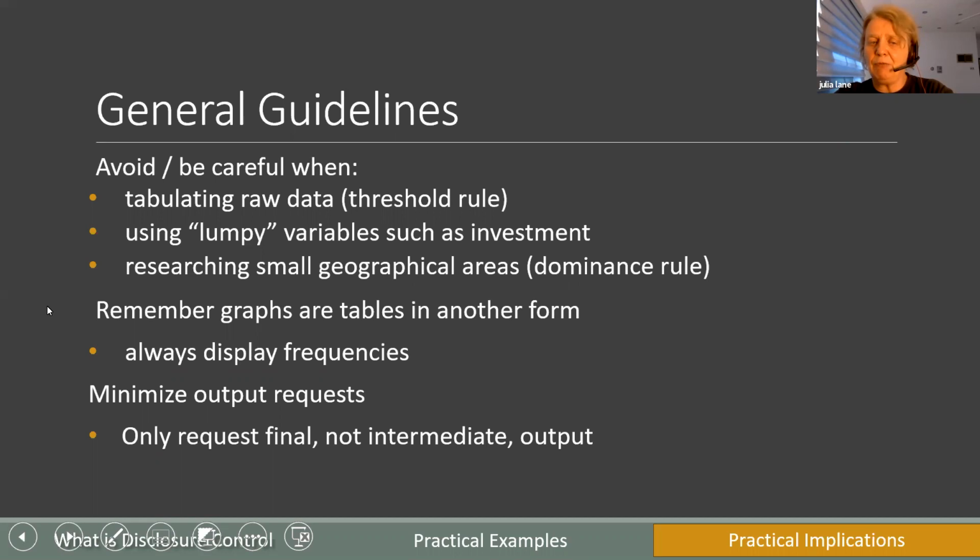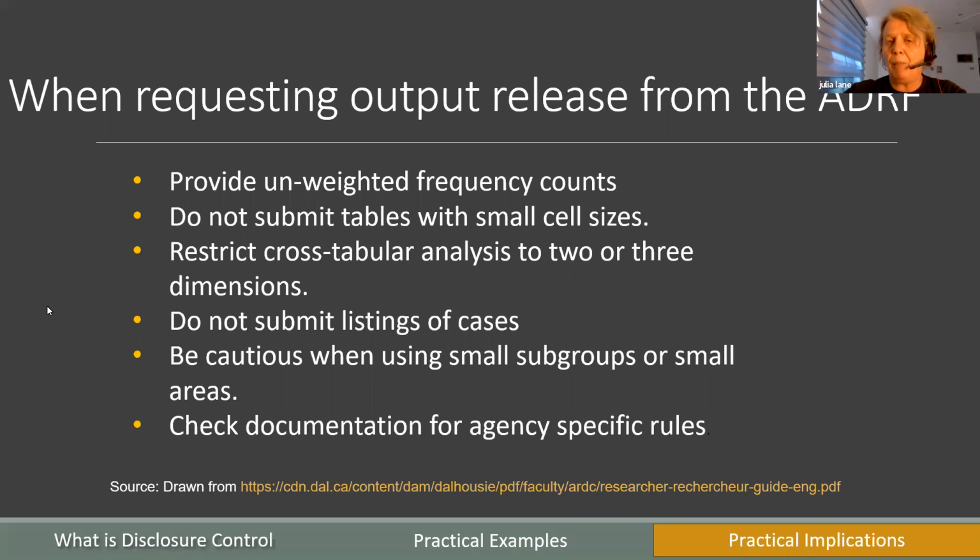Graphs are tables in another form, so you should always display frequencies, and really minimize the output request, not only because it's time consuming for our staff to review it, but also every release compromises the next release. And so you simply cannot get by with releasing this information. When you're requesting output, provide us with unweighted frequency counts.